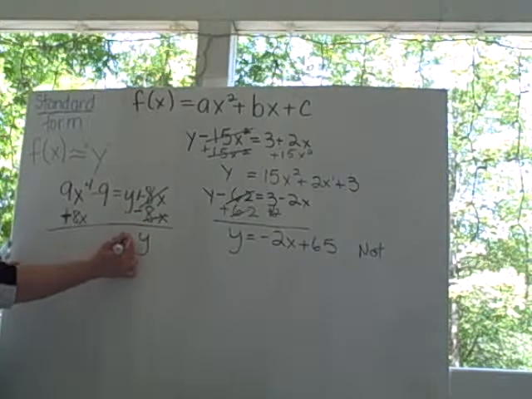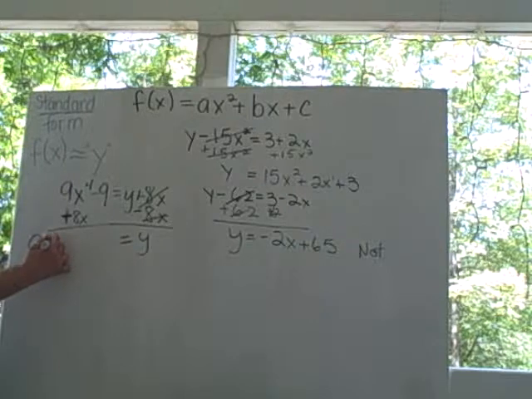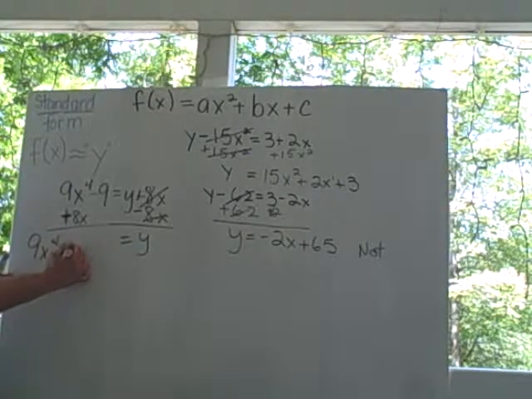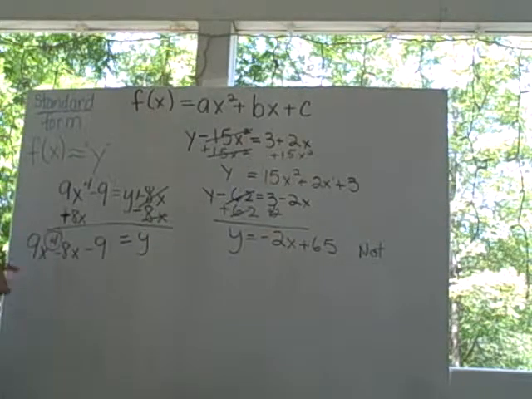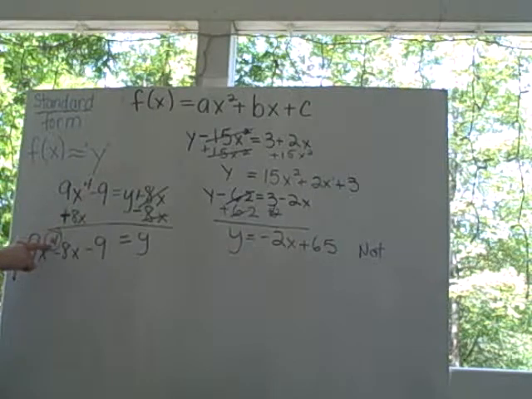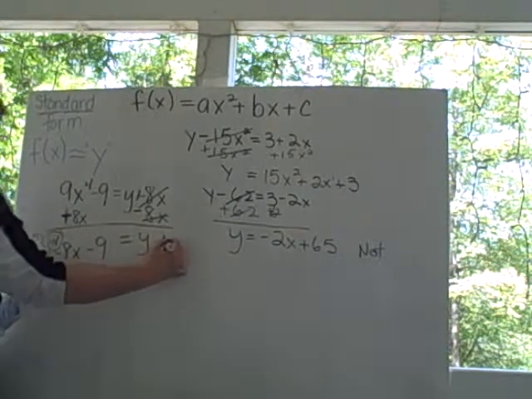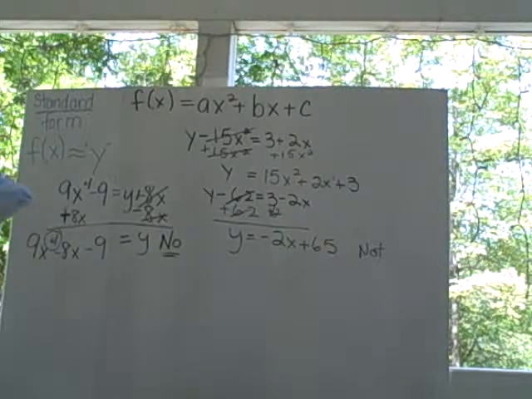And I get y is equal to 9x to the 4th power minus 8x minus 9. See this 4 here? Remember, that cannot be anything bigger than a 2. Since this has an exponent of 4, the answer is no. That is not a quadratic function.